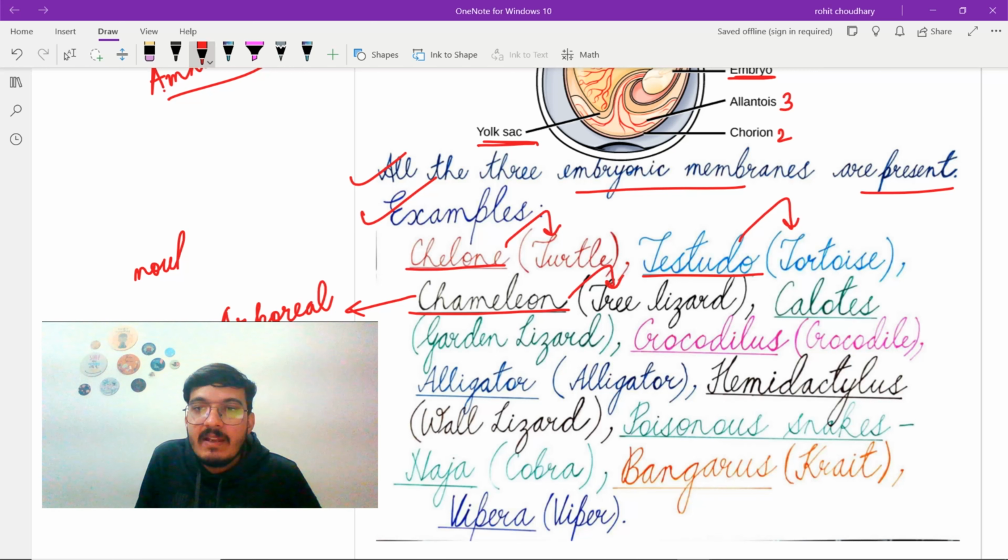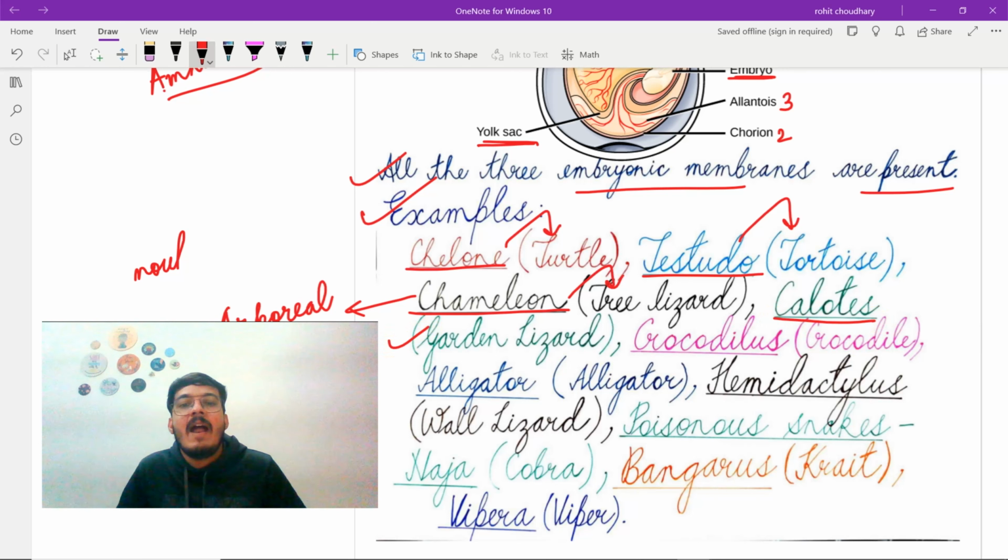Then comes Calotes. It is commonly known as garden lizard and it is also known as girgit. It is also arboreal, and when excited, its head and neck turn red and the trunk becomes pale yellow. The male performs a peculiar courtship dance before the female.